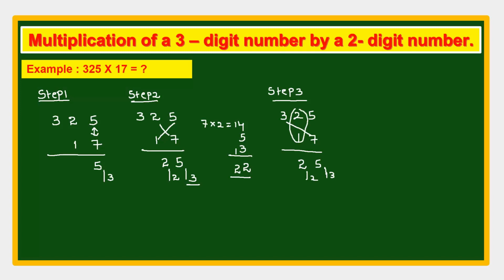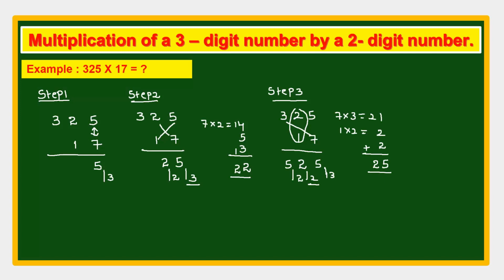It means 7 into 3, 21. 1 into 2, 2. And carry forward 2 we have to add. Now we have to do the sum. 2 plus 2, 4. 4 plus 1, 5. And 2, 25. So we have to write 5 here. And next carry forward 2 here.